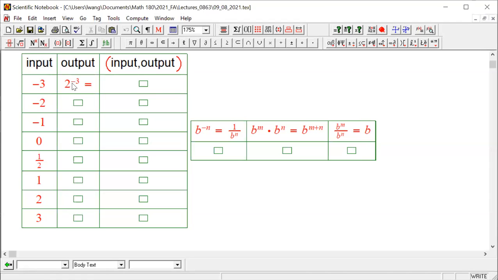What would that be? I want to give you some time and space to figure that out. b raised to the power 0, what does that equal? These are the basic facts about powers.